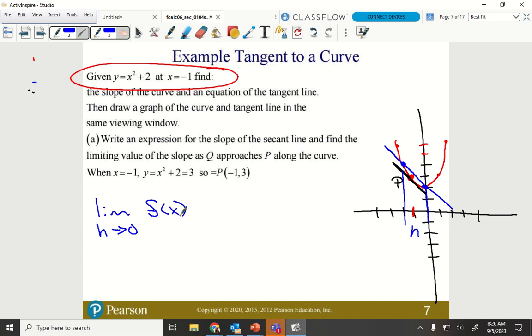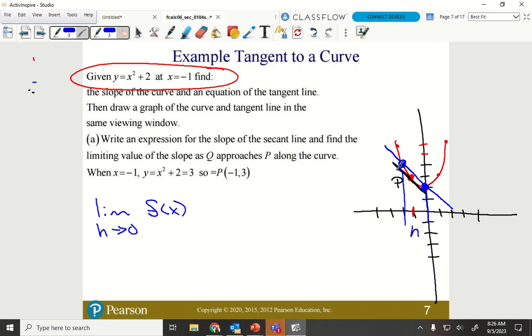Because it's going to be between 2 points, it's going to be f of x, and then I'm going to have this value here and this value here. So I'm going to squeeze this as tight as I can as my h gets closer and closer to 0 on my secant line.